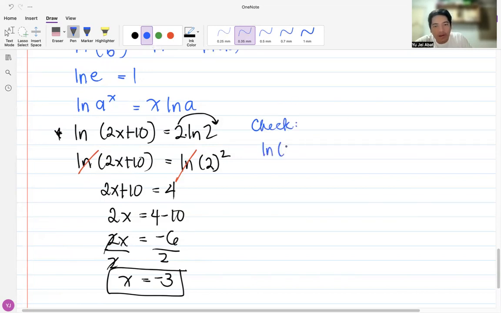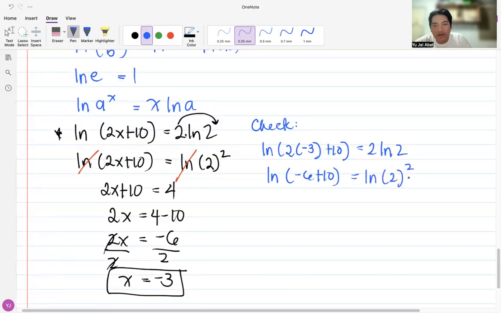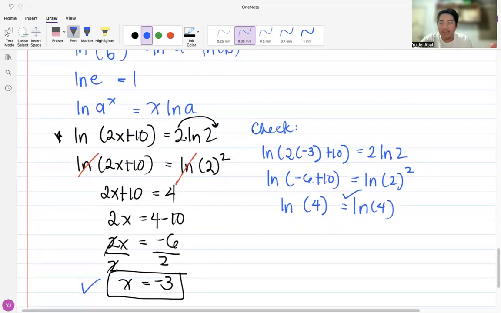That would be ln of 2 times negative 3 plus 10, then we have 2 ln of 2. So we have ln of negative 6 plus 10, then ln of 2 squared. That would be ln of 4 equals ln of 4. So it so happened that if we substitute x equals negative 3, the value inside the ln still becomes positive. That's why we can say that x equals negative 3 is still a valid answer.